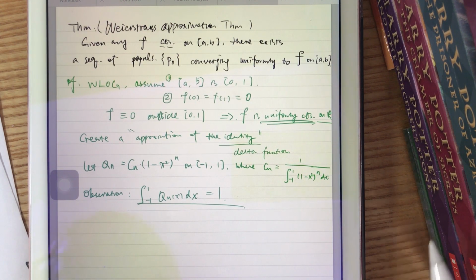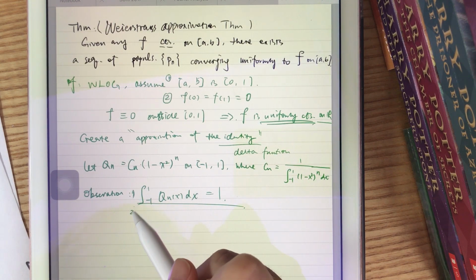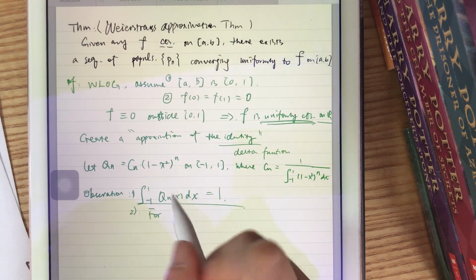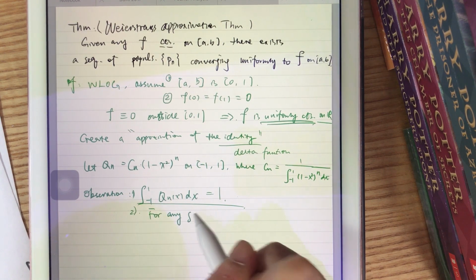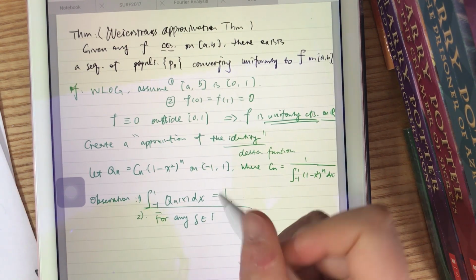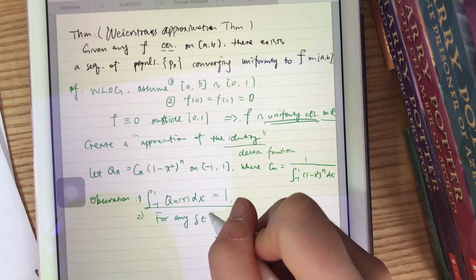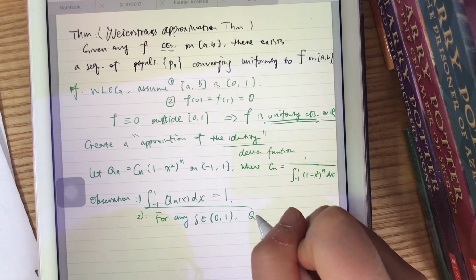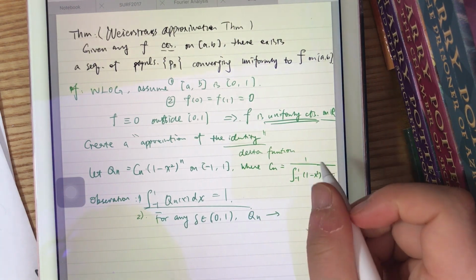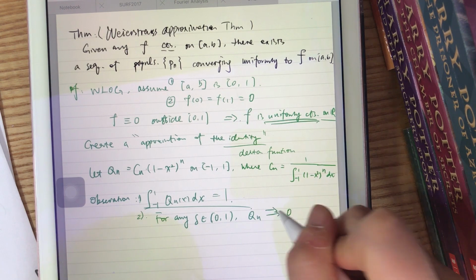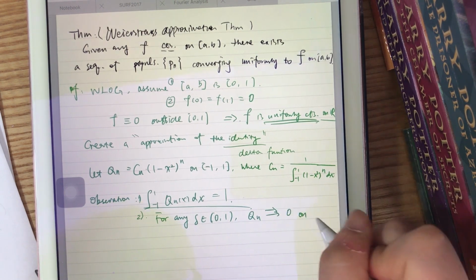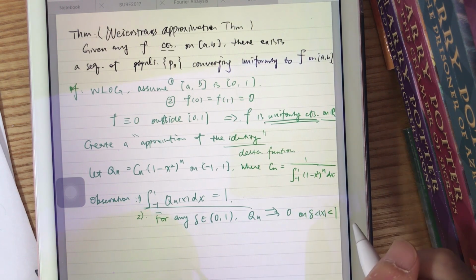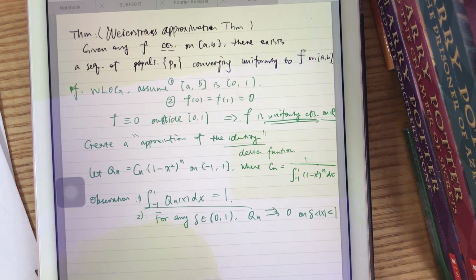The second observation is that for any data lying in the interval 0 to 1, Qn converges to 0 uniformly on x larger than delta and less than 1.